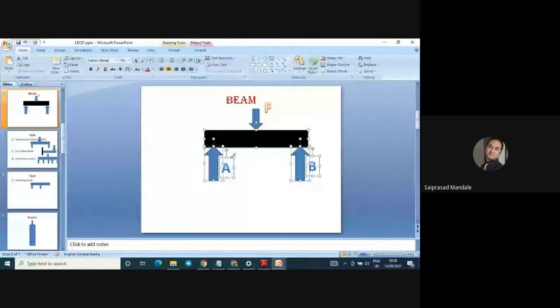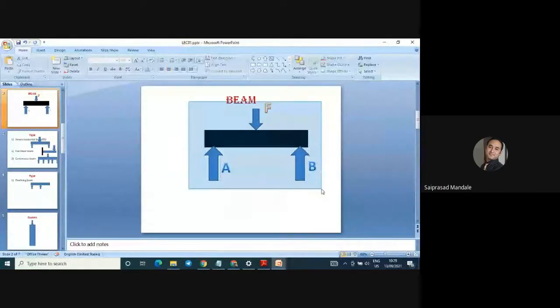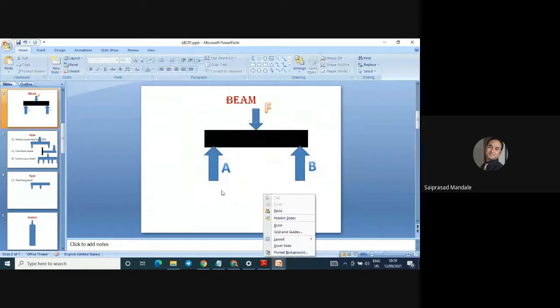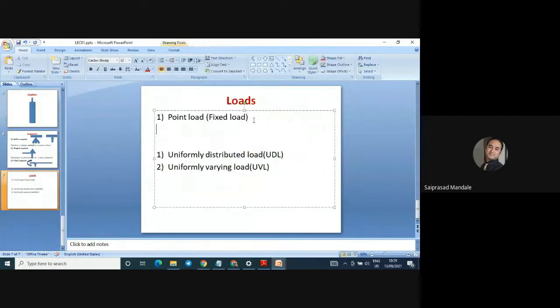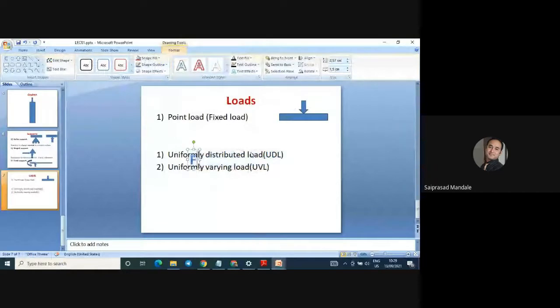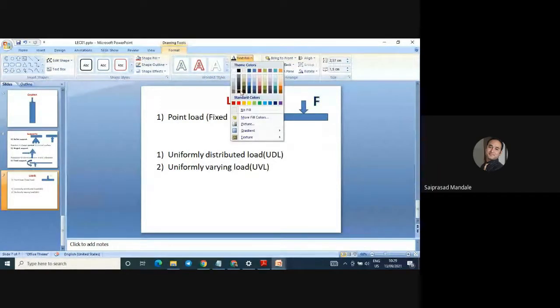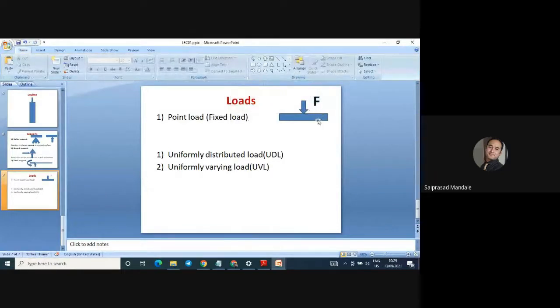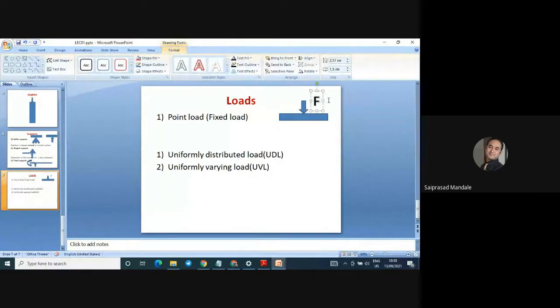If there is a beam which is subjected to a load, and say the intensity of that loading is F, so we can say the beam is subjected to F point load, or we can say F kilonewton of load.